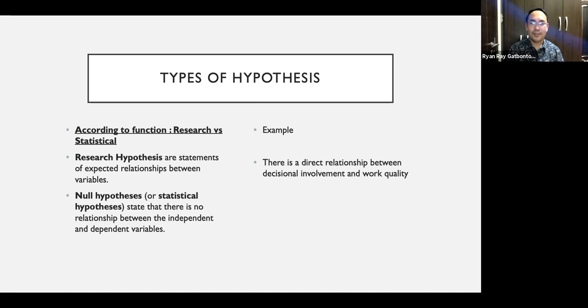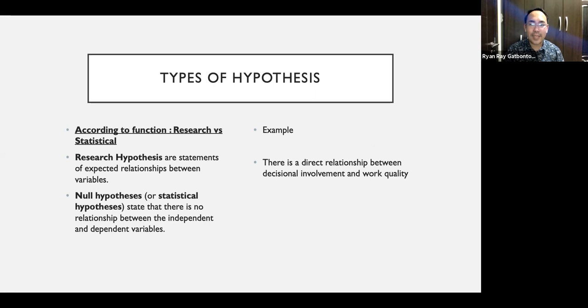So let's look at this particular example. If we say that there is a direct relationship between decisional involvement and work quality of employees, we are saying that this is a research hypothesis, because you're predicting that there's a relationship between these two variables, and that you are looking into its direction.